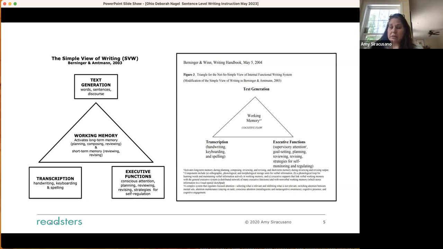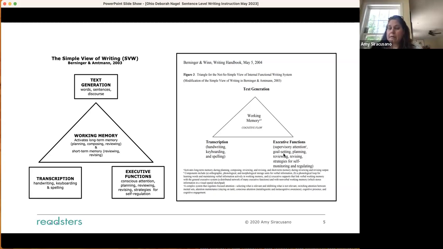Because young writers, if they forget how to write a particular letter or how to spell a word, they change their sentence, they start thinking about something else, they start writing about something else, and they lose that focus, right? So supervisory attention, that's us, keeping that attention for them, versus putting the onus on the kid in the prior model, which was conscious attention. So this is for the teacher to keep a pulse on things.